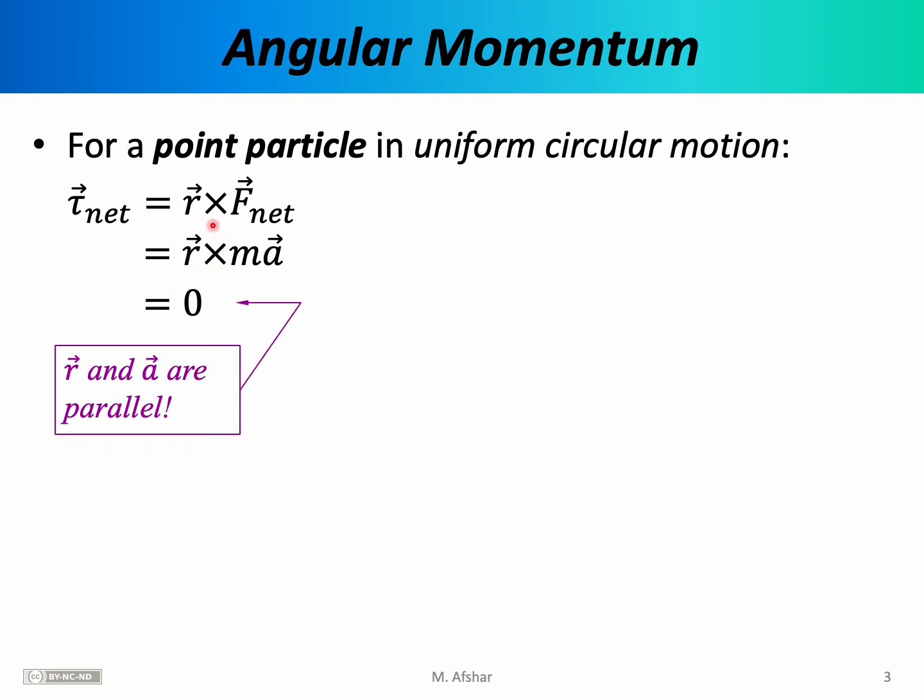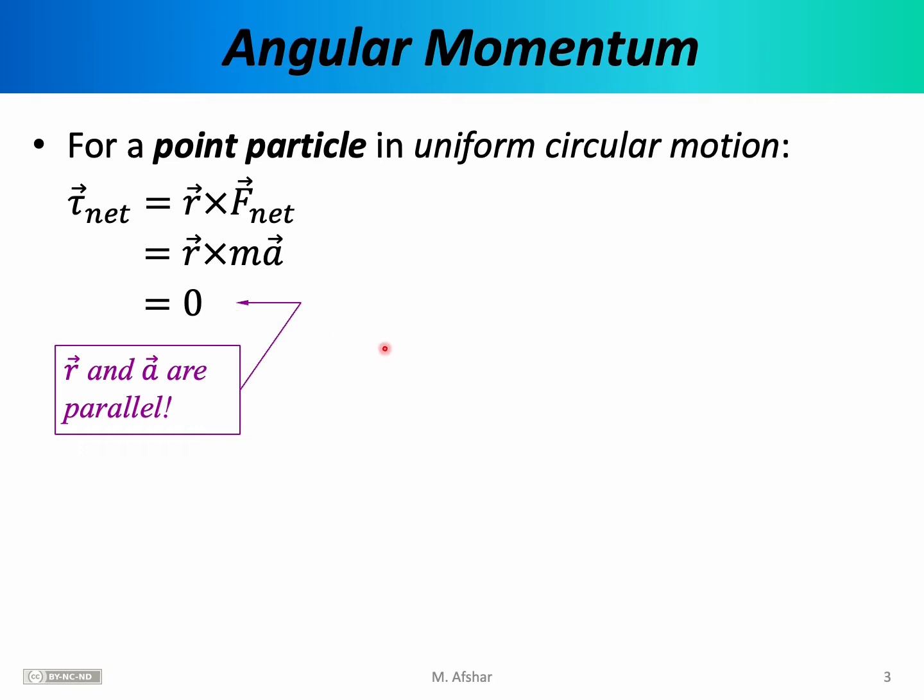We take the magnitude of the first vector multiplied by the magnitude of the second vector, and then we multiply by the sine of the angle between those two vectors. In this case, the angle between r and a is 180 degrees, and sine of 180 degrees is 0. So here I'm telling you that for a point particle in uniform circular motion, the net torque must be equal to 0.